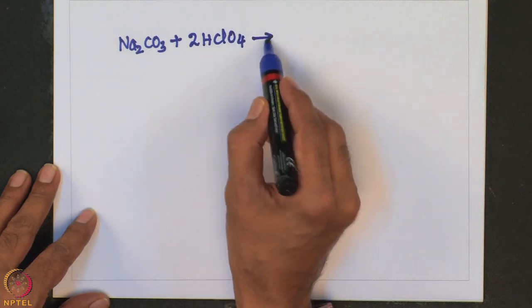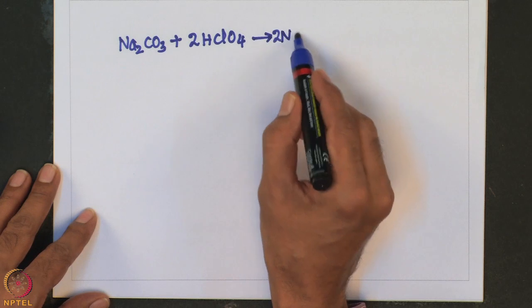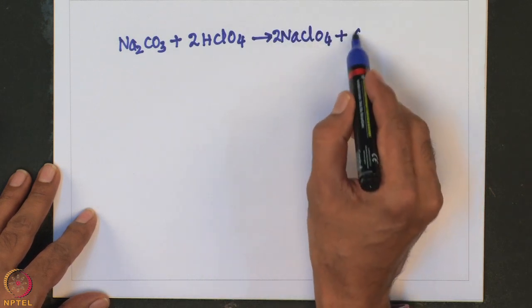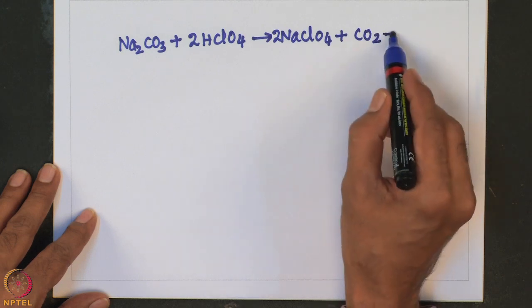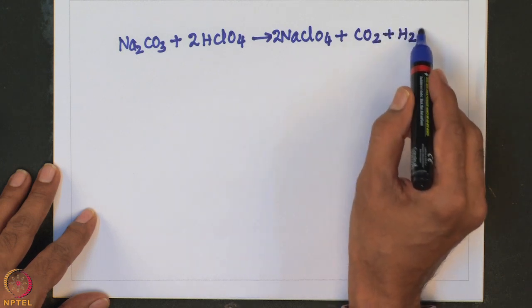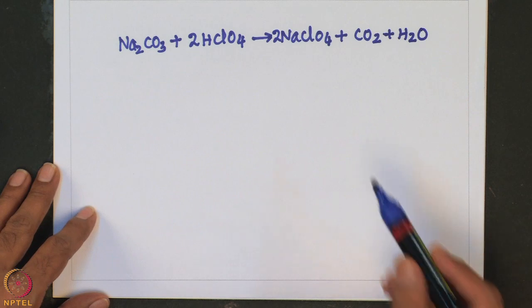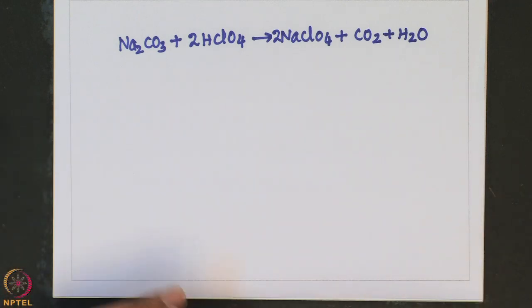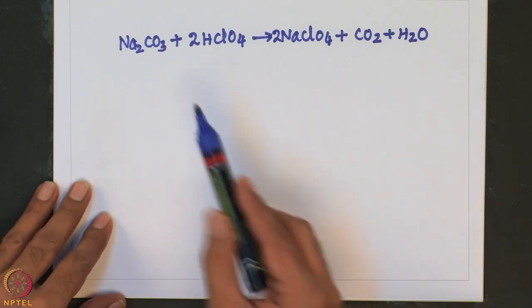Okay, so it can give directly sodium perchlorate with the liberation of CO2 and water. This is how one can directly react sodium carbonate with perchloric acid to generate sodium perchlorate.